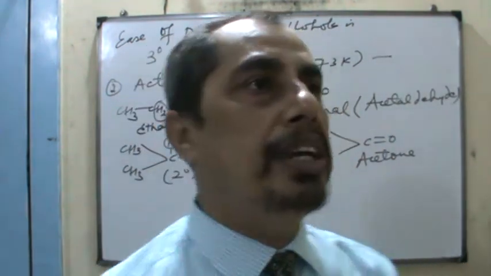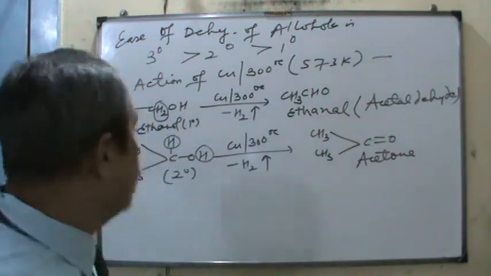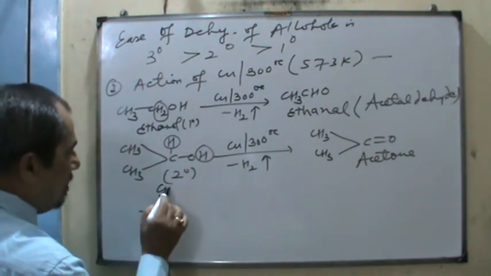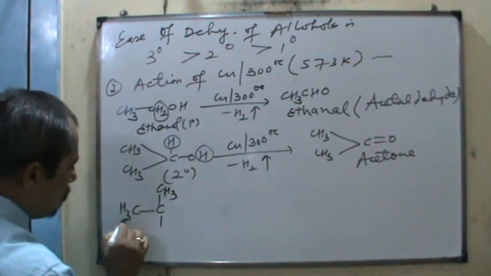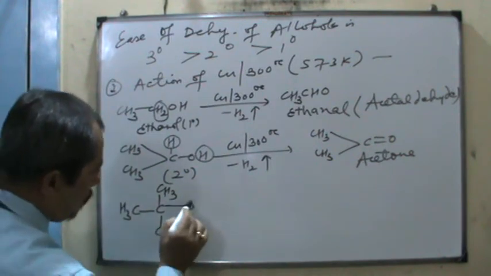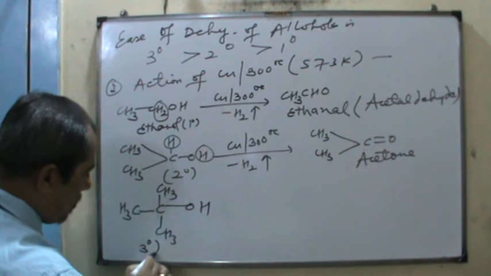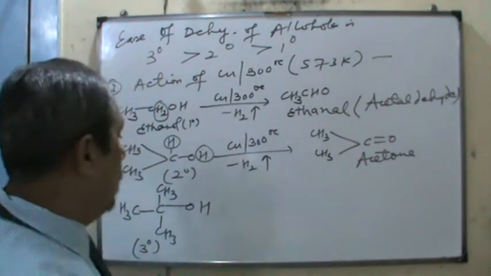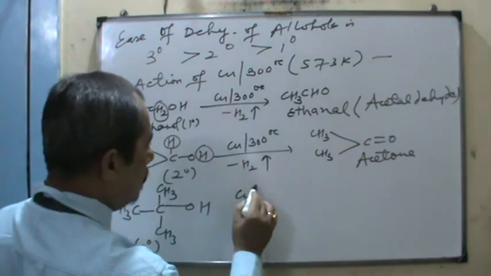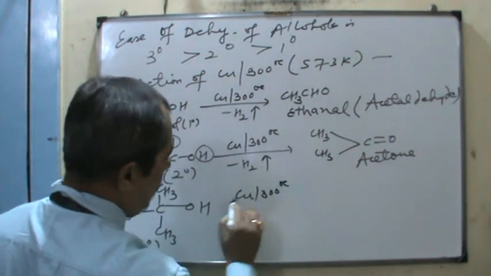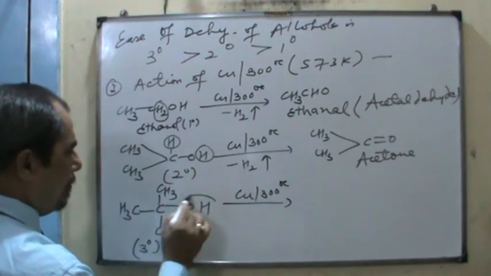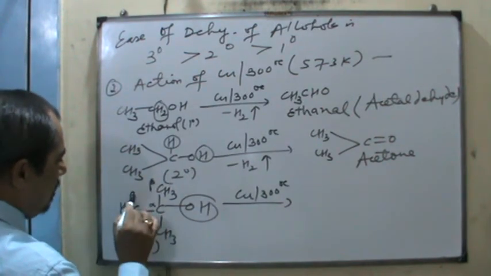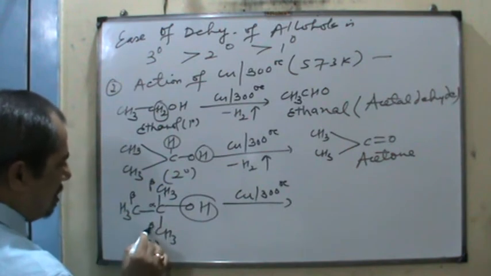Similarly, in case of the 3 degree alcohol, what is the product formed, anyone? Let me write here (CH3)3COH. It is tertiary butyl alcohol. Under the same condition, with respect to this OH, this is the alpha and this side is beta and this side is beta.